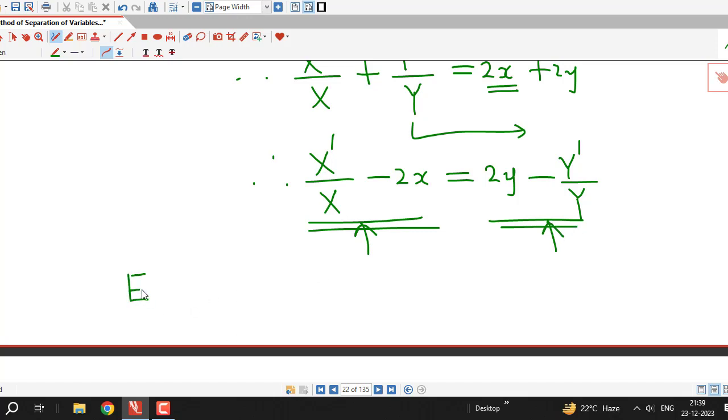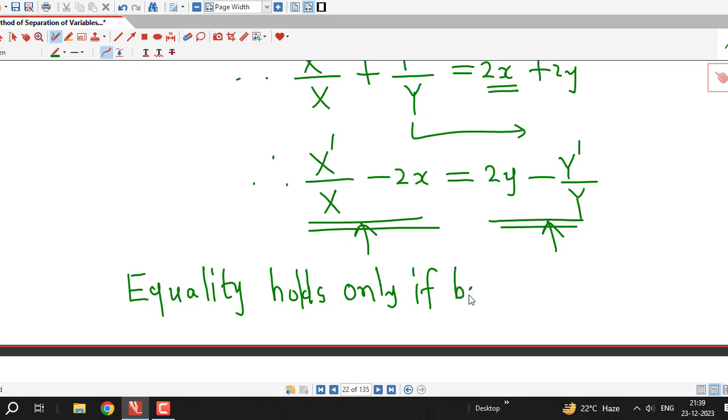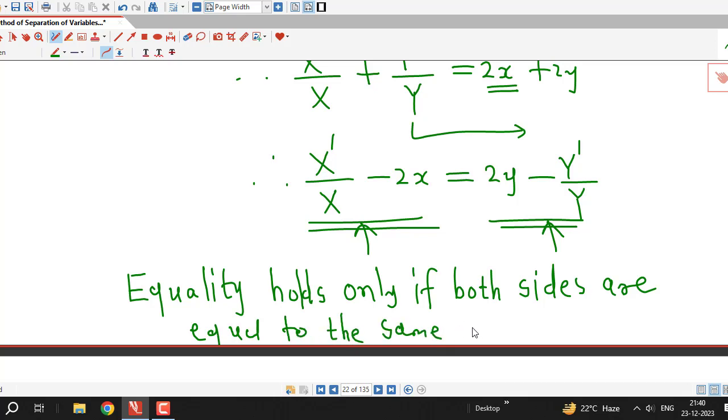So this equality holds only if both sides are equal to the same constant that we can denote by, say, small k.